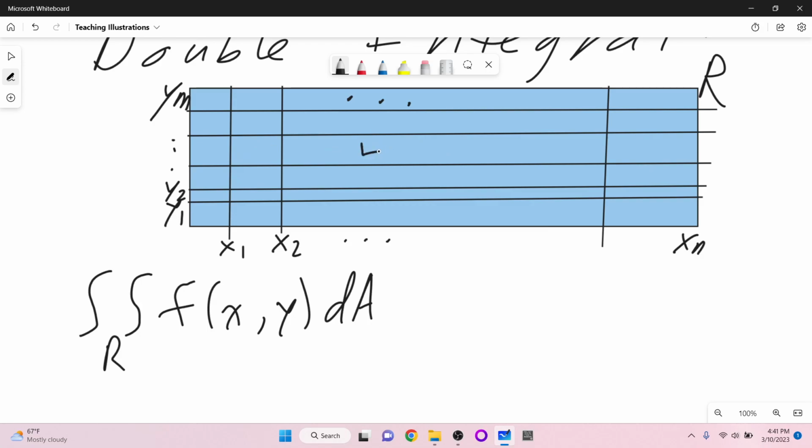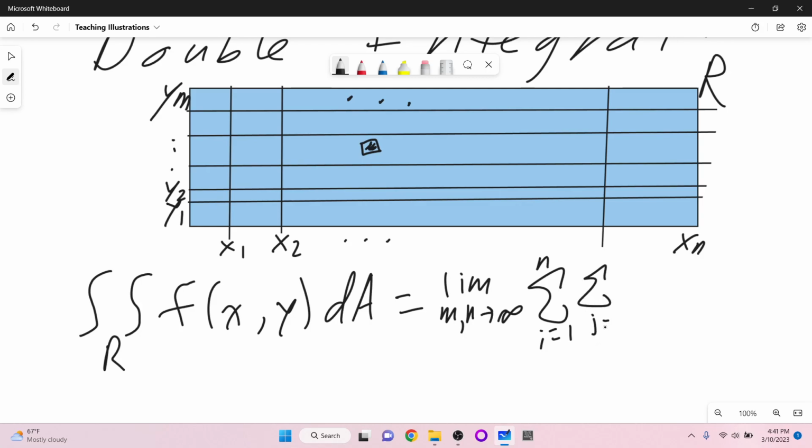So we've got some little tiny piece. Now, I'm not even, that's too big, we keep making it smaller and smaller. It is the same as the limit. If we take both m and n to infinity, the sum from i equals 1 to n, the sum from j equals 1 to m, of f of xij star, yij star times delta A.